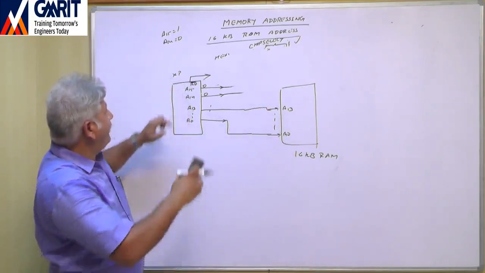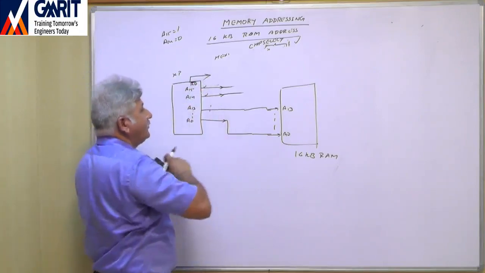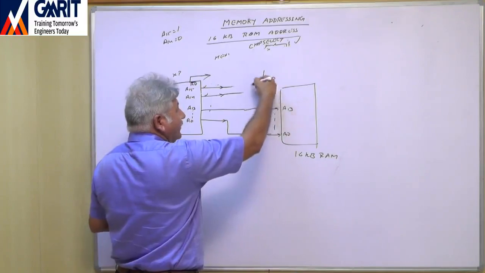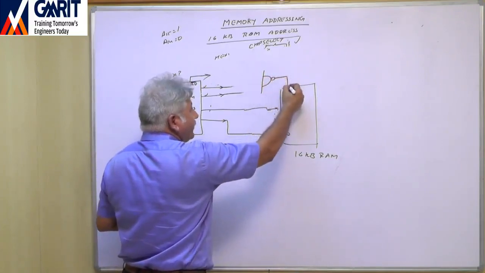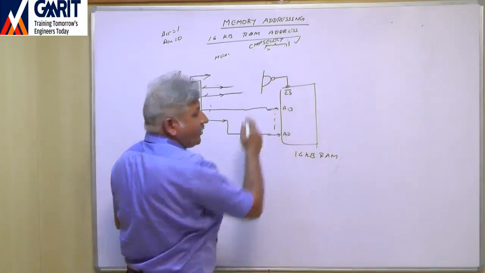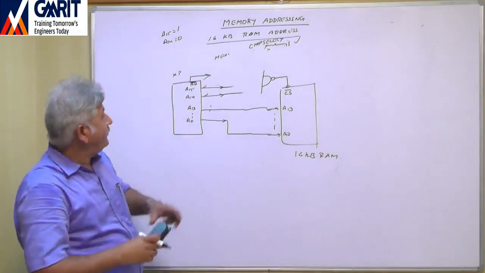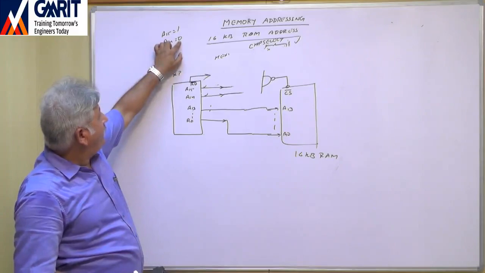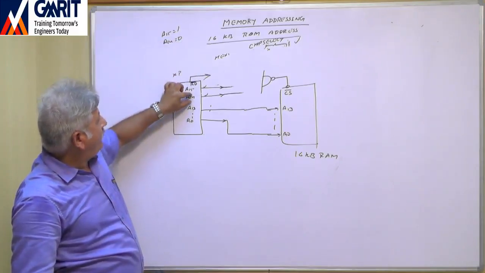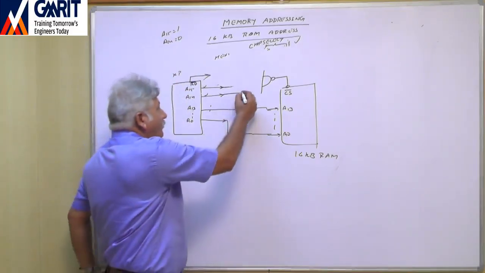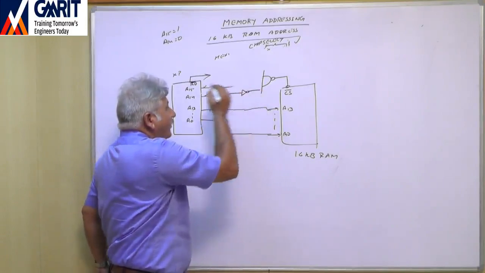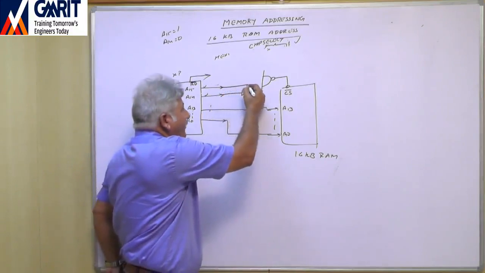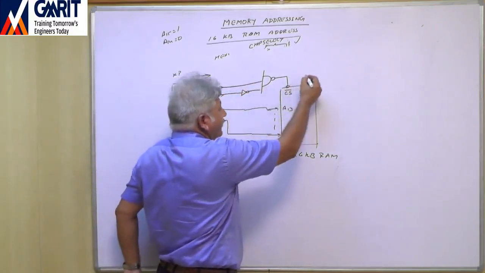Now A14 and A15. These lines have to be connected to this NAND gate, and the output of the NAND gate has to be connected to CS bar. And how will we connect? A14 will remain 0. If it remains 0, connect it through a NOT gate. Right? And A15 is 1. If A15 is 1, connect it directly. That's all. Connect here.